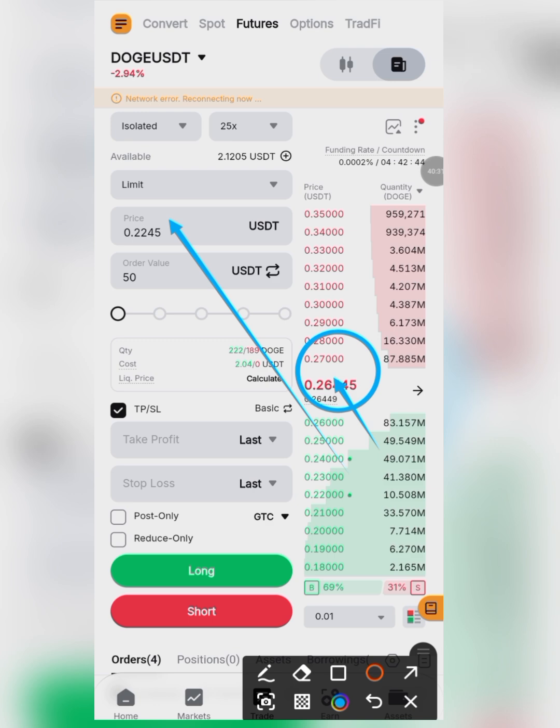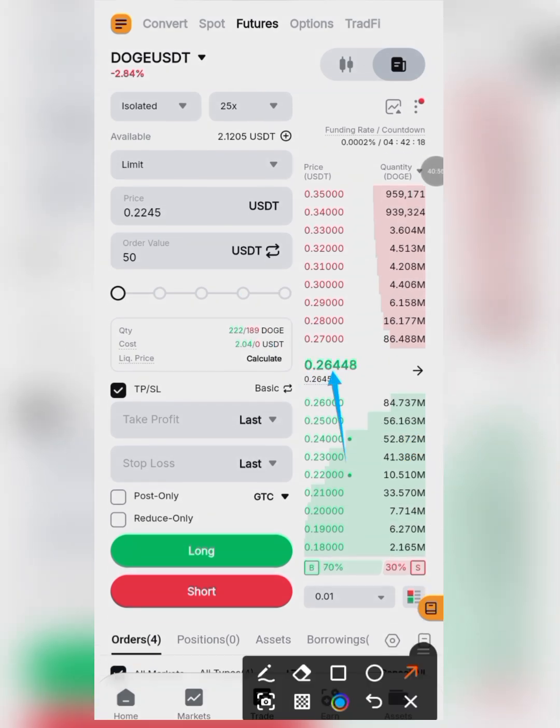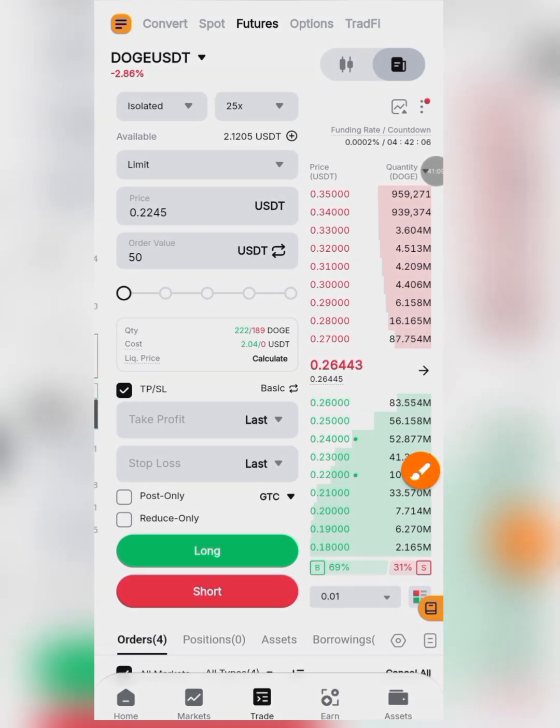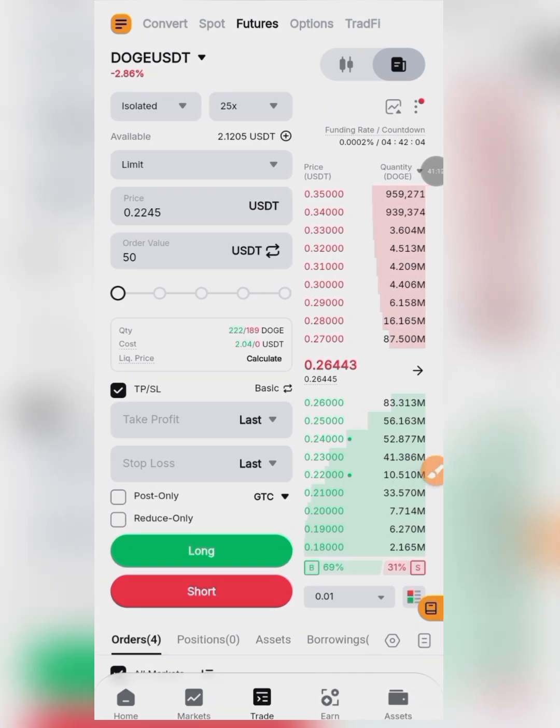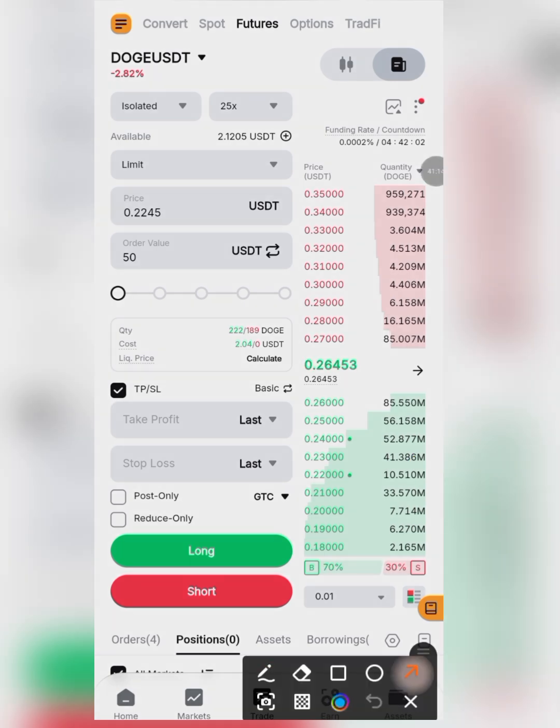That's why it is at order. Once the market price gets to 0.224, that's my limit price, the market will automatically trigger. And when the market triggers, my position here will indicate itself.